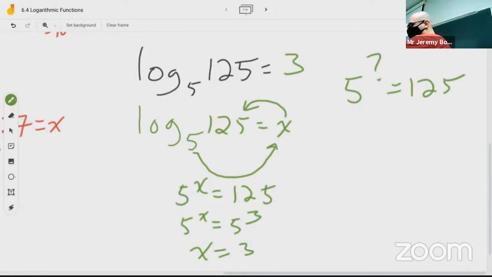Instead of plugging in the exponent and getting the value, you have the value and you're trying to figure out what exponent gets you there. So you can figure them out this way, and a lot of people like doing it that way. But if you understand that this is asking you, what power do I need to raise this base to get this number, you can also figure it out that way. Any questions on that?